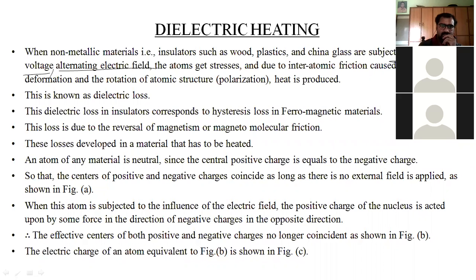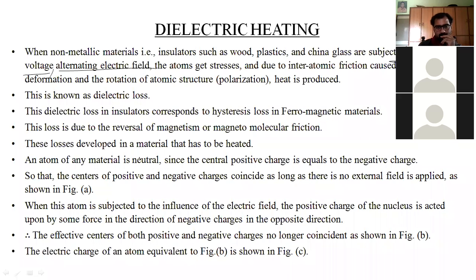When we apply this to the insulators, the atoms in the material are going to experience pressure due to interatomic force. That is nothing but the change of the position of the atoms, that is, the positive and negative charges.